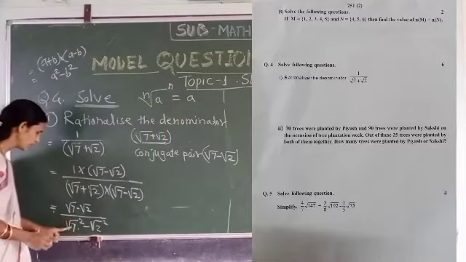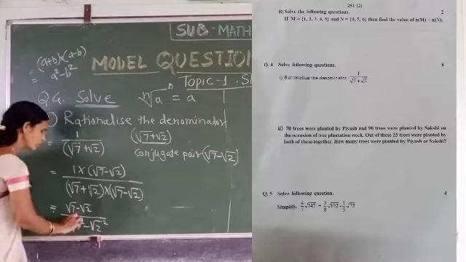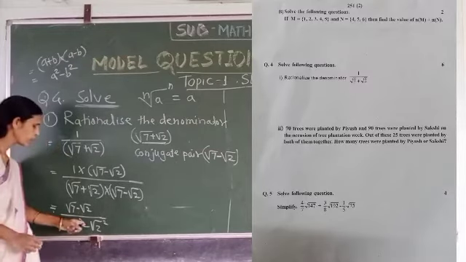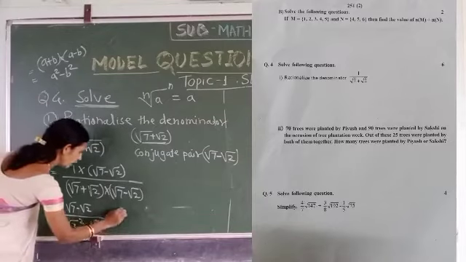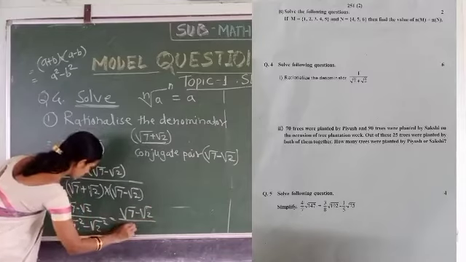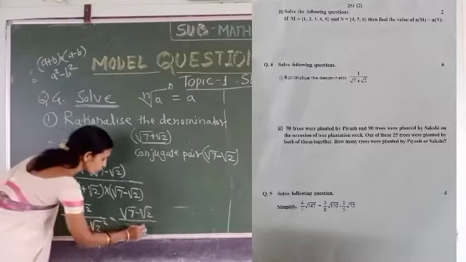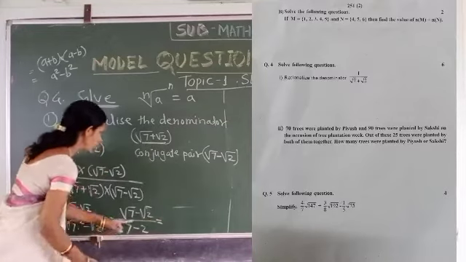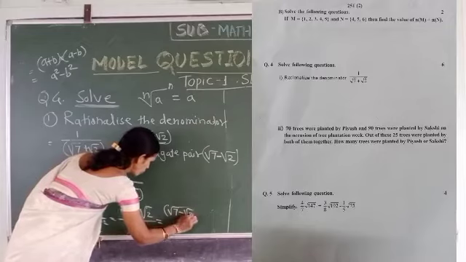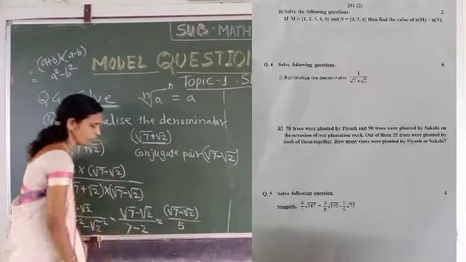So square root of 7 square is 7, and square root of 2 square is 2. Therefore we get the answer root 7 minus root 2 upon 7 minus 2, that is 5.